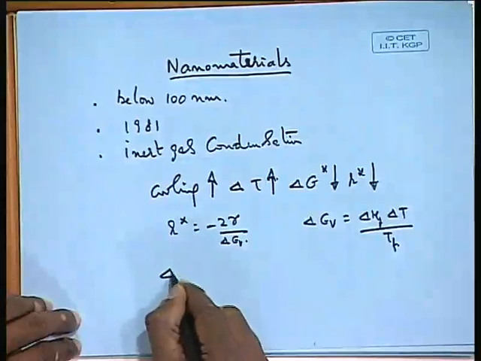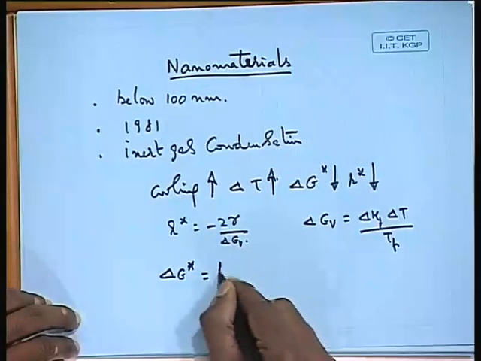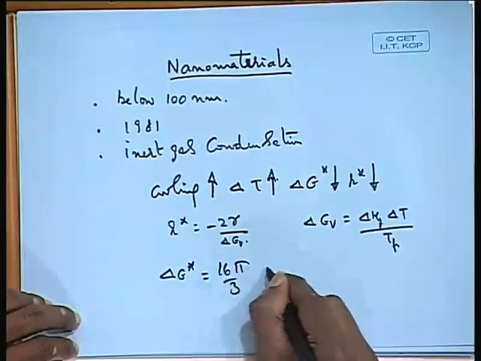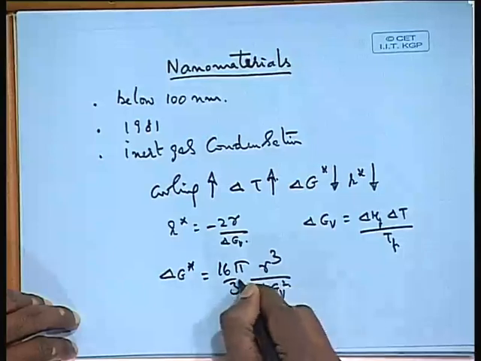So, as a result, if you can have high cooling rate, we can have high undercooling, and that reduces the R star, and at the same time the delta G star, which is nothing but 16 pi by 3 gamma cube by delta GV square. This also you are all aware of.